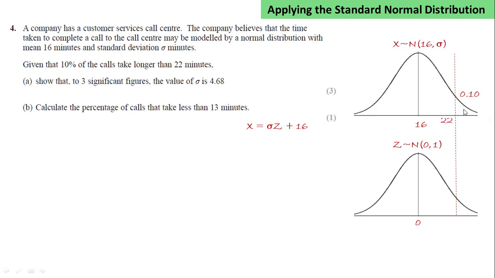So the area of the tail of each distribution is going to be 0.1, and for the area in the run-up to the tail will be 0.9. So for the standard distribution, we can calculate the corresponding Z value.